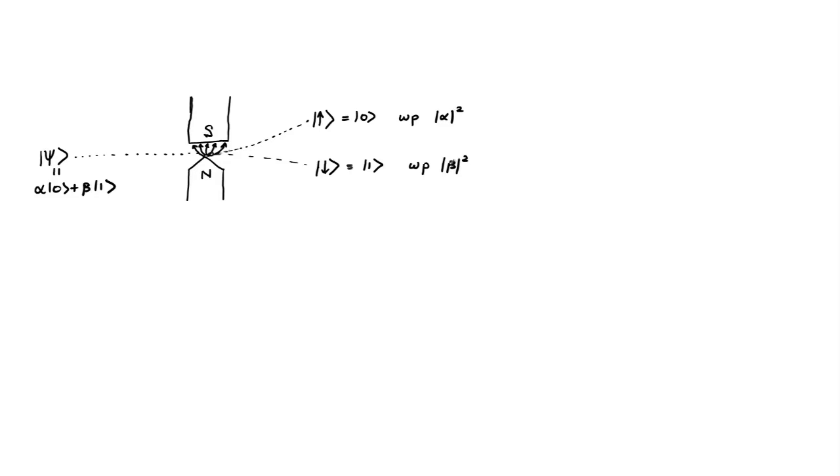So this is a way of measuring the spin state of the electron. Now this is an experiment that was first done in 1922 by Stern and Gerlach. And what they actually did it with was not electrons, but they did it with silver atoms.